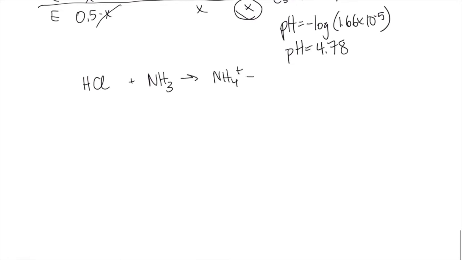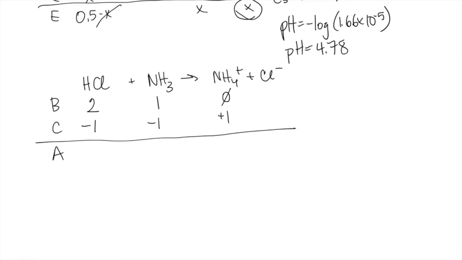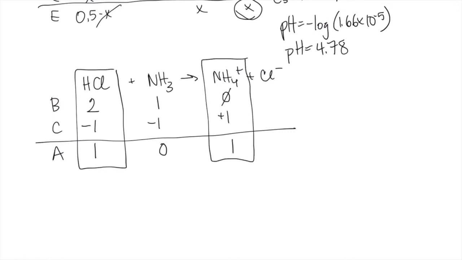We make NH4+ and Cl-, but now I'm going to start with 2 moles of HCl and 1 mole of NH3. I can only react away 1 mole, and now I'm going to end up with a mixture of a strong acid and a weak acid.